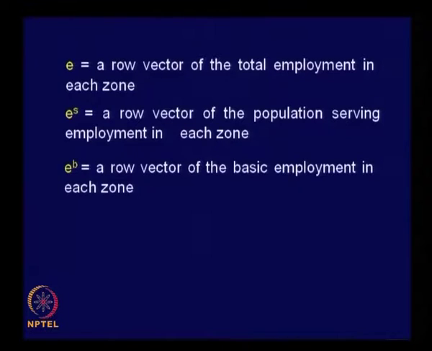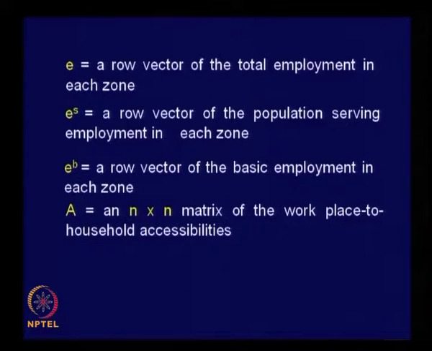EB a row vector of the basic employment in each zone. And A is an n by n matrix of the workplace to household accessibilities.